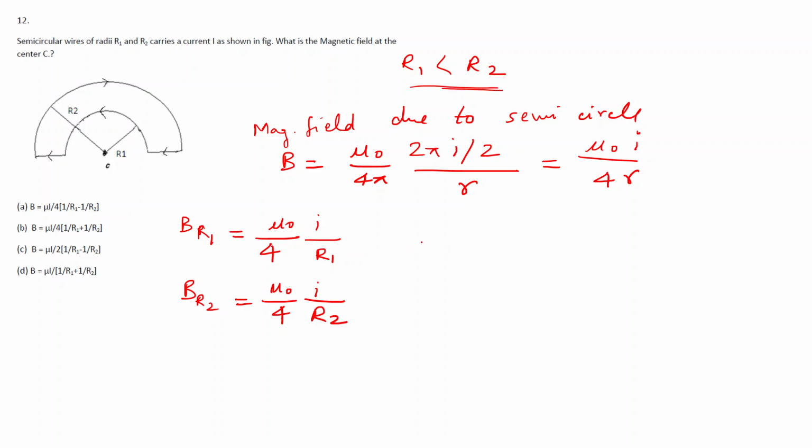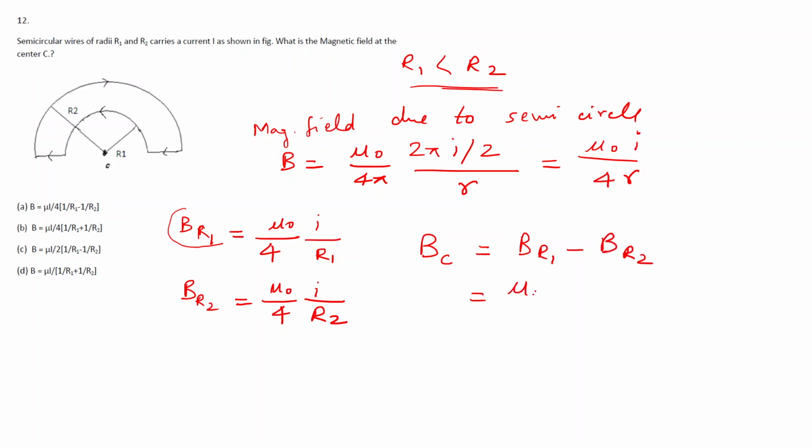So the resultant magnetic field at the center will be the subtraction of these, and since R1 is smaller, this field is larger than BR2. So we'll do BR1 minus BR2.